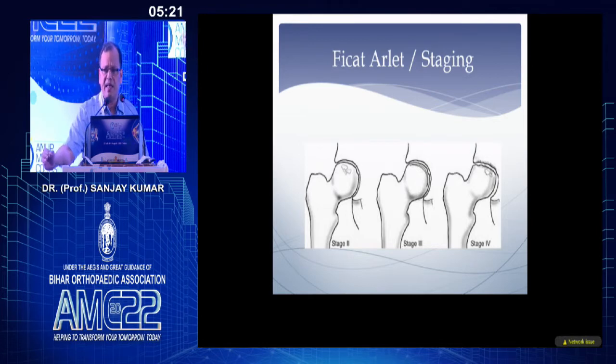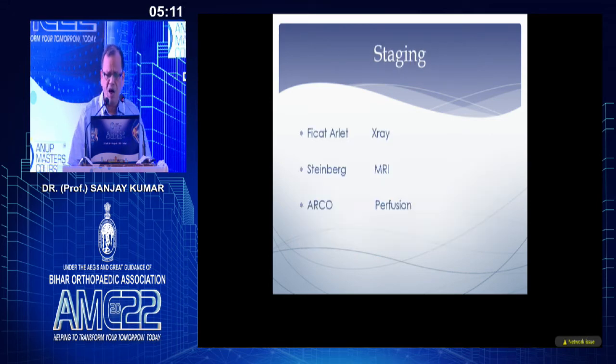Stage 3, there will be collapse. And stage 4, where the acetabulum and the head of the femur are both involved. Along with this, when MRI came, the Steinberg classification and the ARCO classification are the recent ones, which tell us about the perfusion and the causes.